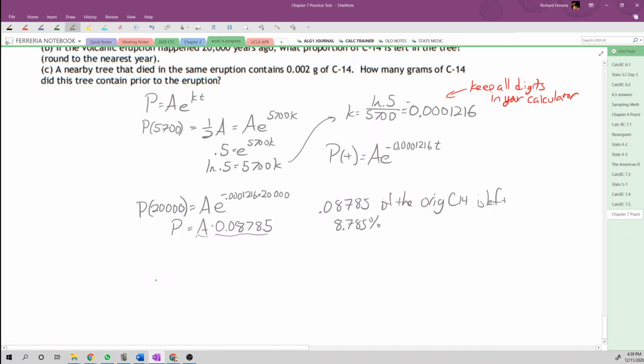We know how much carbon-14 is left, 0.002, but we don't know how much we started with.